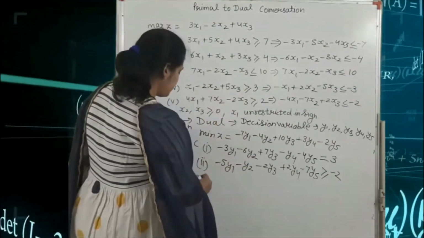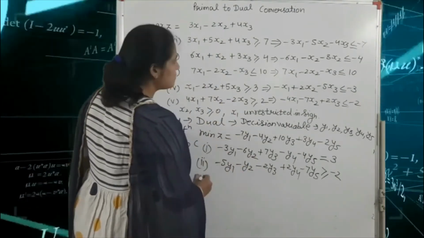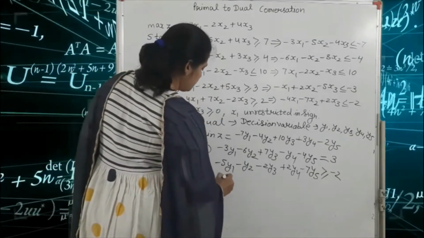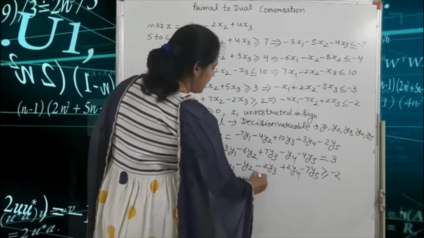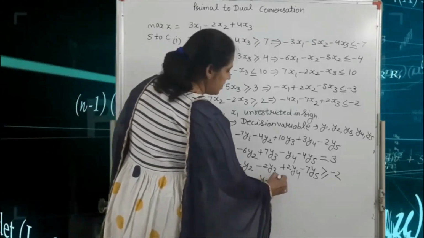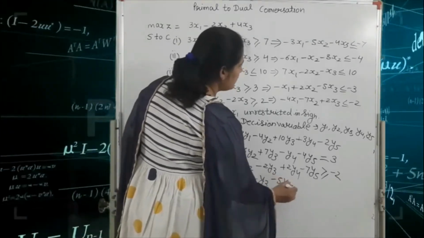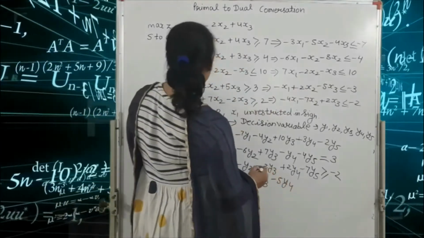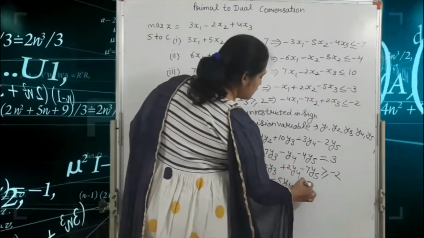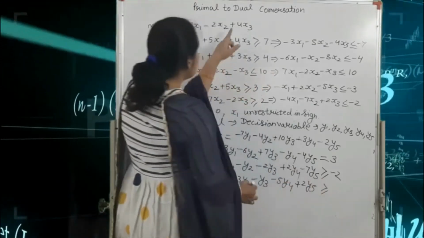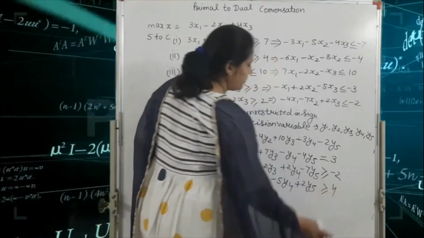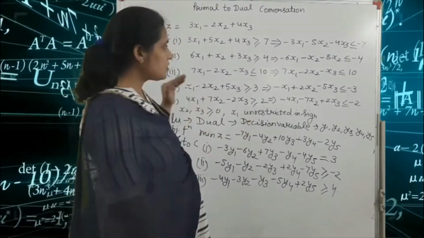Okay, and your third equation is what? Third equation is minus 4y1 minus 3y2 minus y3 minus 5y4 and here plus 2y5 equal to plus 4. Okay, so this is your subject to constraint equation.